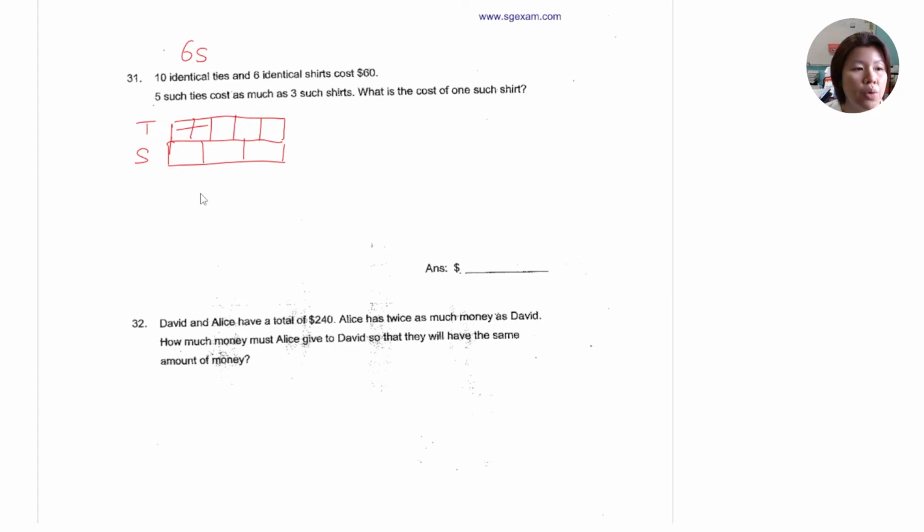Okay, so $60 is actually for 12 shirts. So one shirt is 60 divided by 12, which will give you 5. Answer, $5.